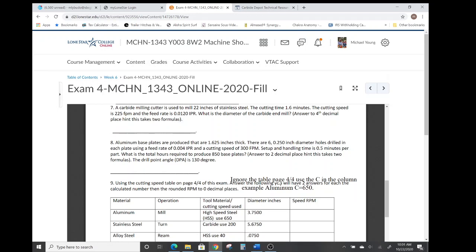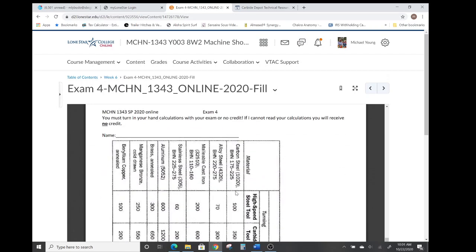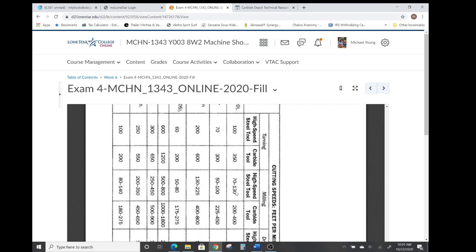See, ignore the table on page 404 and use the C in the column. You'll have two answers for the calculated number. You'll have the total and then an example. Aluminum would be 650. Okay, we'll talk more about this later. I'll say use a cutting speed of 650, use 200, use 40, use 140, etc. There's the chart. So this gives you an example.